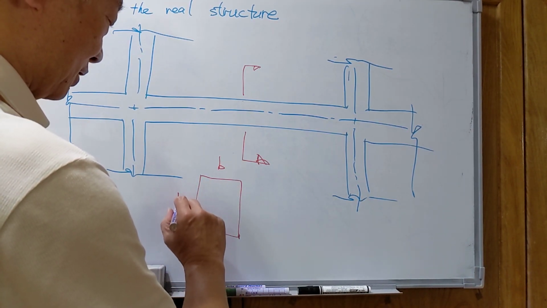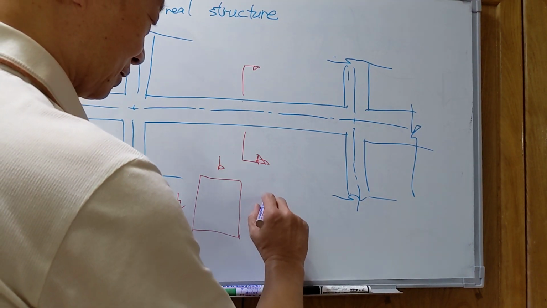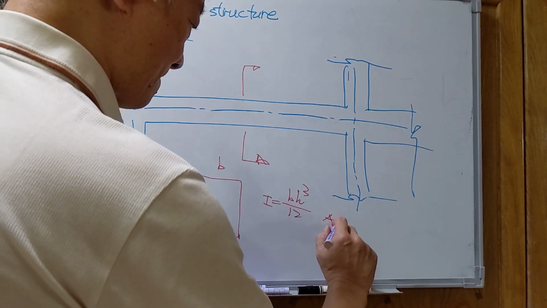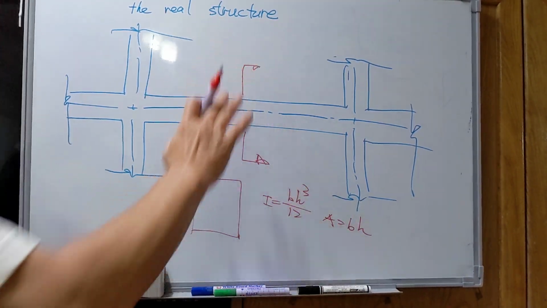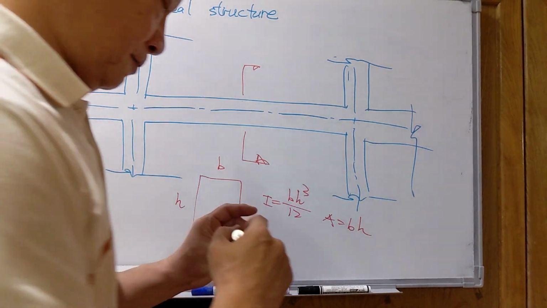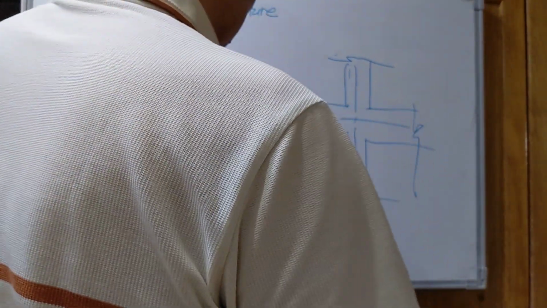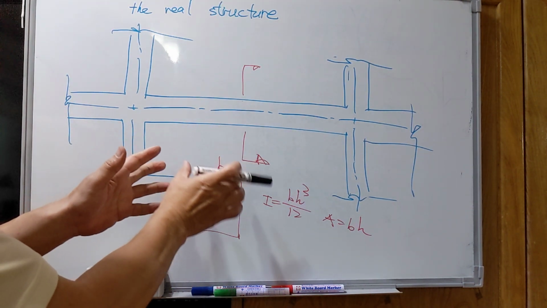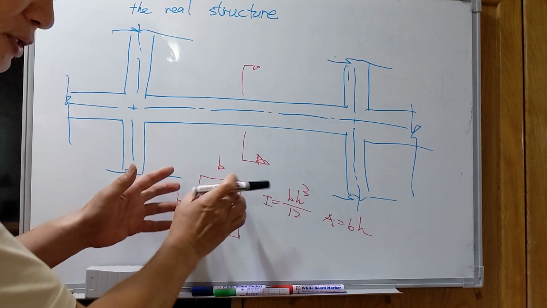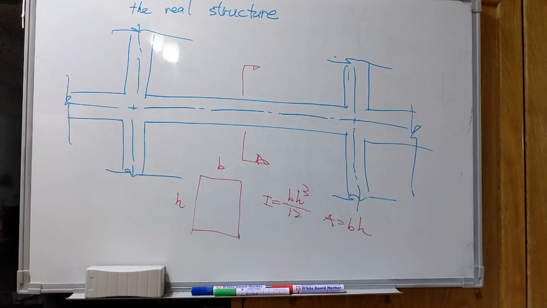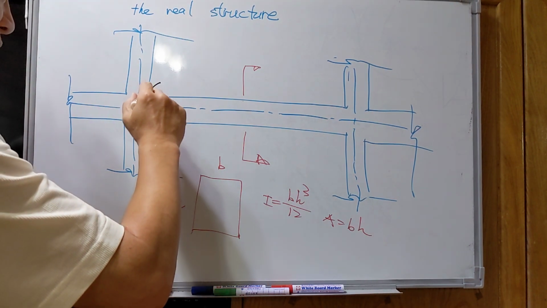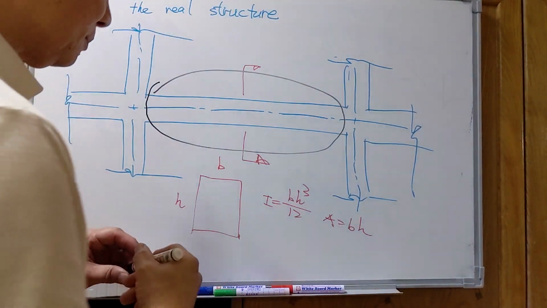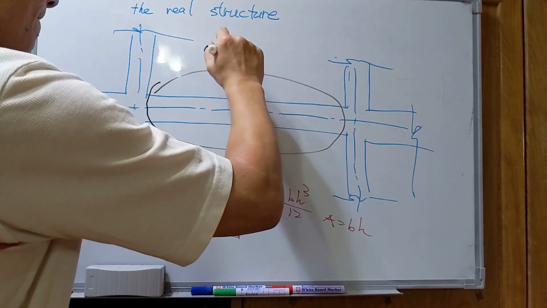We have the B, we have the H, and then we can calculate the I. That's the beam section. But in real structures, for the rectangular cross section, the width is B and the height is H, which applies only to the column face.